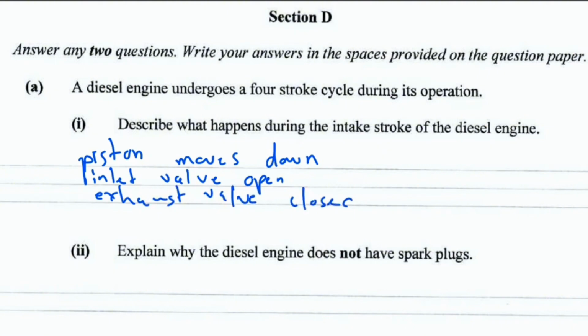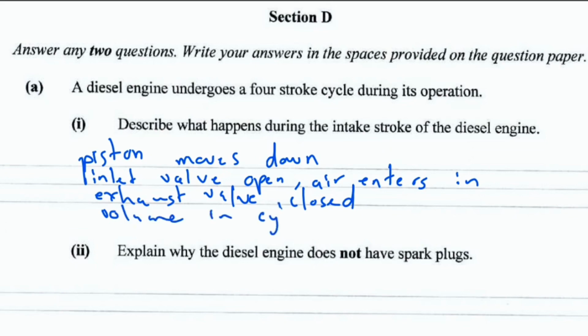Exhaust valve closed. Then you should also know that when the inlet valve is open, air enters in. Then you should also know that when air enters in, the volume in the cylinder will increase.